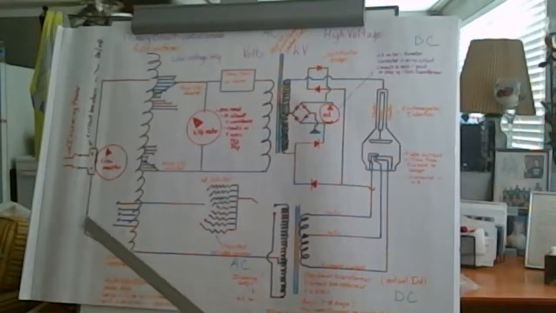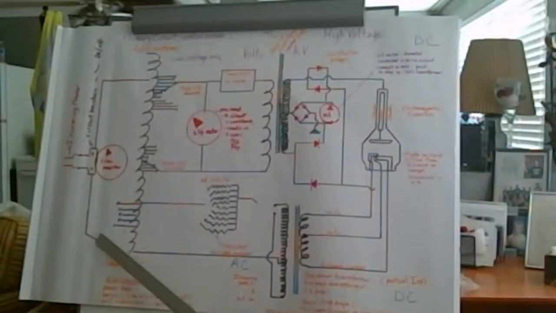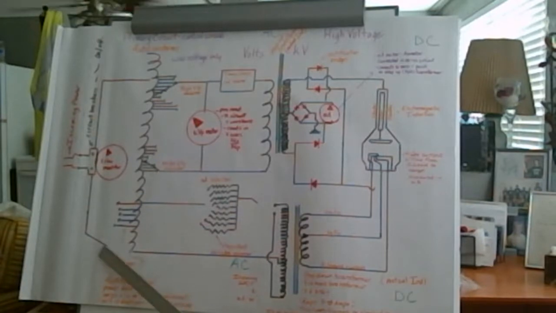So we knew we had incoming power, and let's just say our incoming power standard is 220. Again, it could be 110, it could be 440. It doesn't really matter what that number specifically is, just that that's our incoming power and that it's alternating current, because that's the power supplied in the United States.